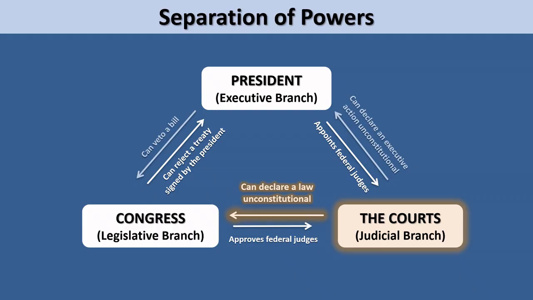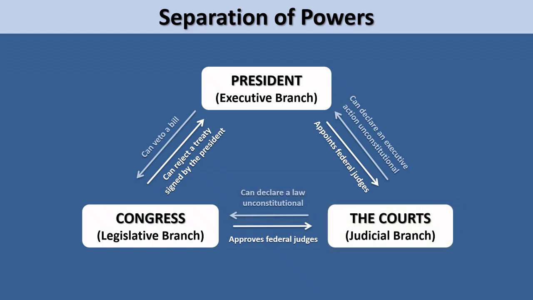The courts interpret the law. If most of the judges on the Supreme Court decide a law goes against the Constitution, they can declare the law unconstitutional. If that happens, the unconstitutional law is canceled, no matter how many people in Congress or in the executive branch think it's a good idea.